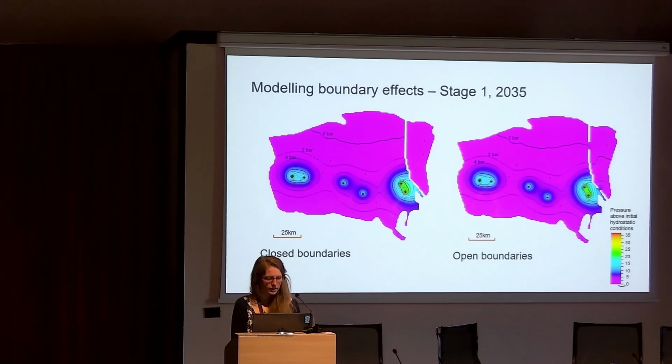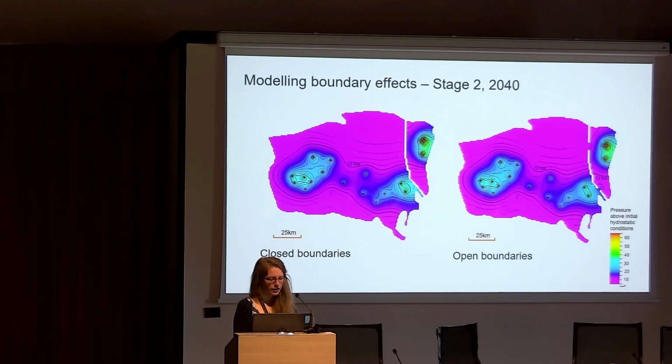So the first phase, we started in 2030, and this is after five years. This shows the pressure above the initial hydrostatic conditions set within the model, and how it dissipated. Then this is after the stage 2 injections, wells were included, and again, we have open boundaries and closed boundaries.